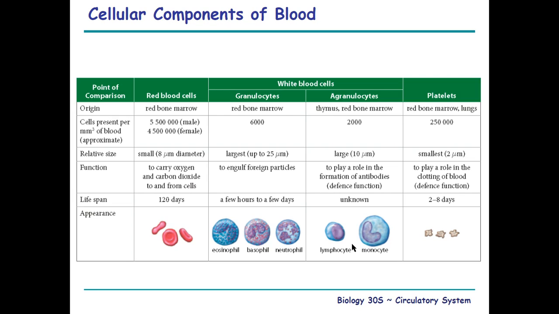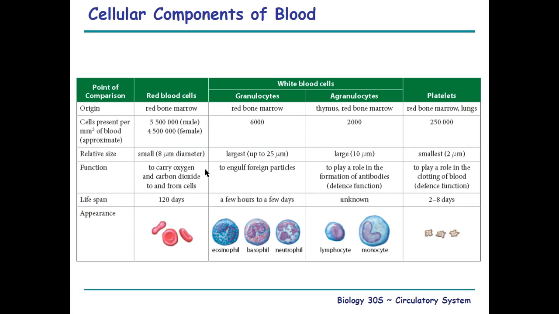You can see here in this table what we've all been talking about. Okay, we can see the red blood cells, and where they're produced, in the bone marrow, how many are produced per millimeter cubed of blood, their relative size, their function, their lifespan, and their appearance.